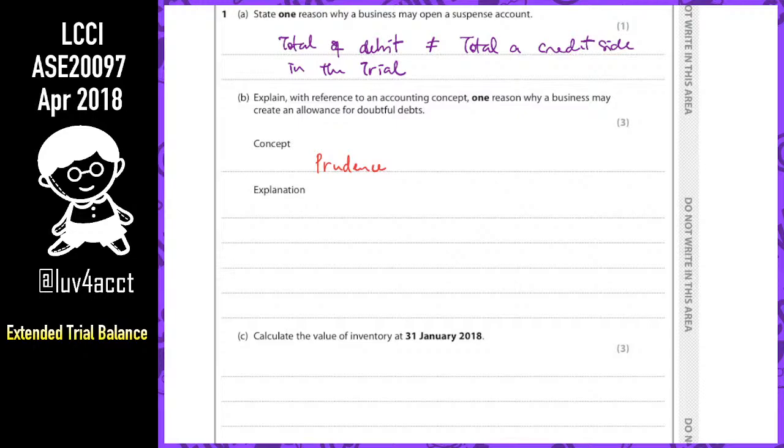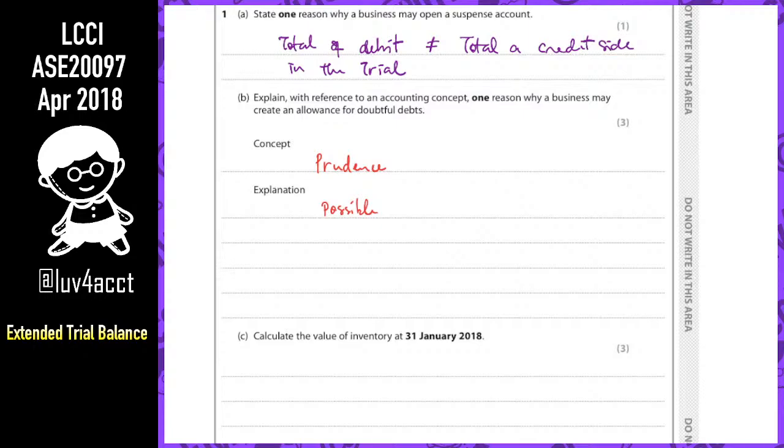The explanation of course is that from previous years, from historical data, we know that not all our debtors will repay their debts. And then we have to prepare for this loss, because it belongs to the current year, not next year.